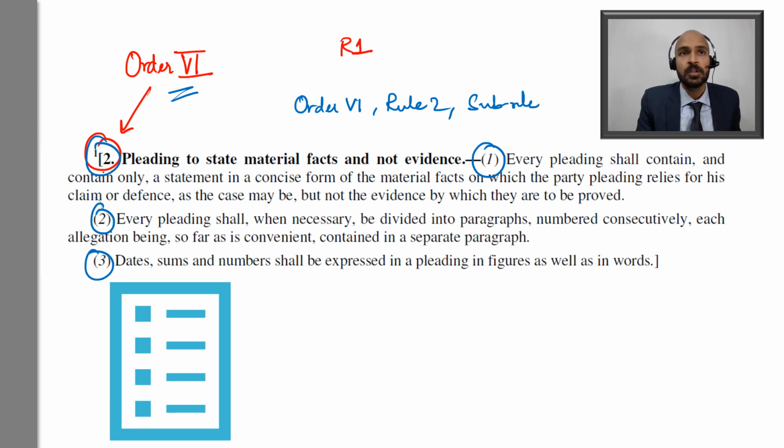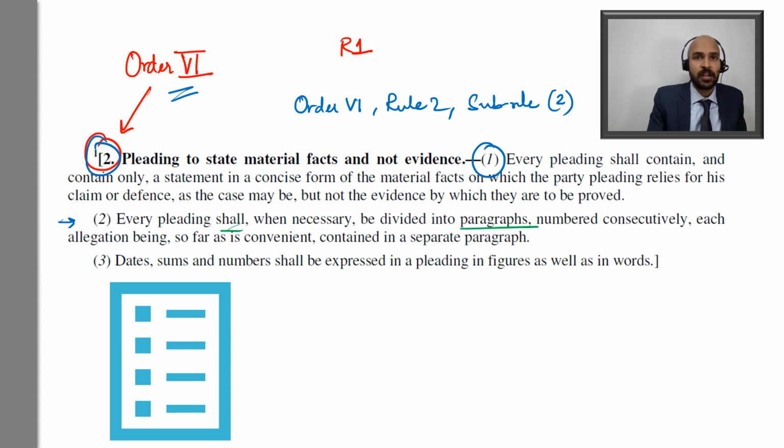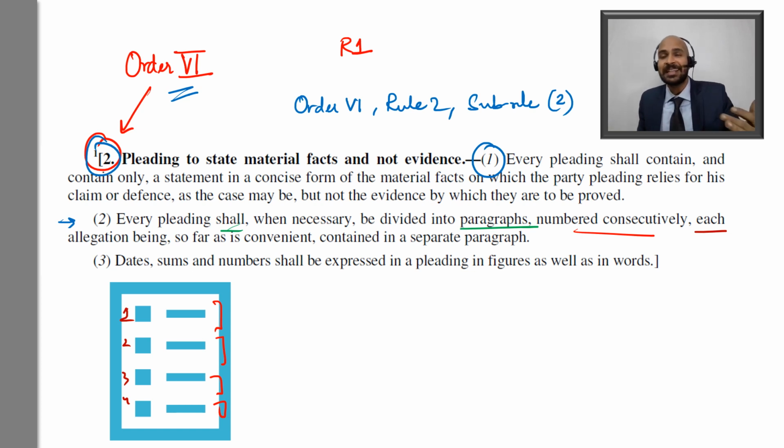sub-rule 2, right? So you can see that sub-rule 2 tells you that every pleading shall, when necessary, be divided into paragraphs. So you have your pleading paragraph wise, and they are to be numbered consecutively. So you number them as 1, 2, 3, 4 and so on. And each allegation should be contained in a separate paragraph.